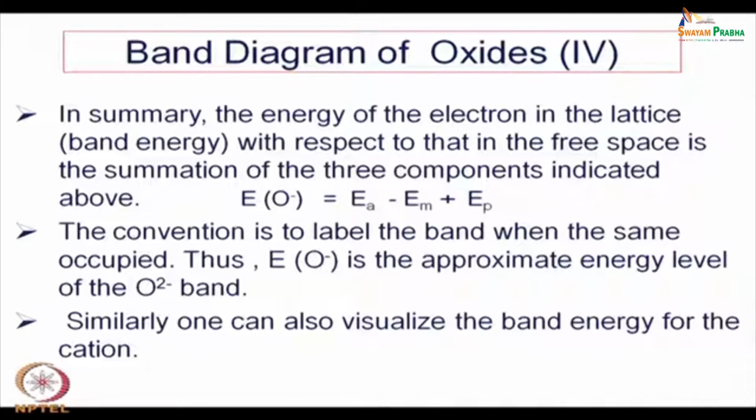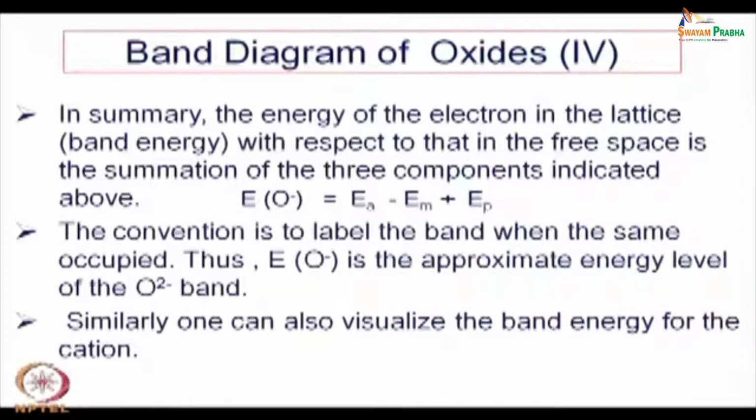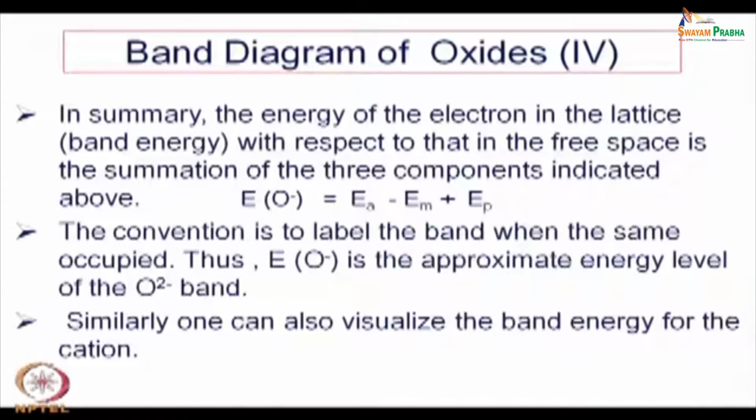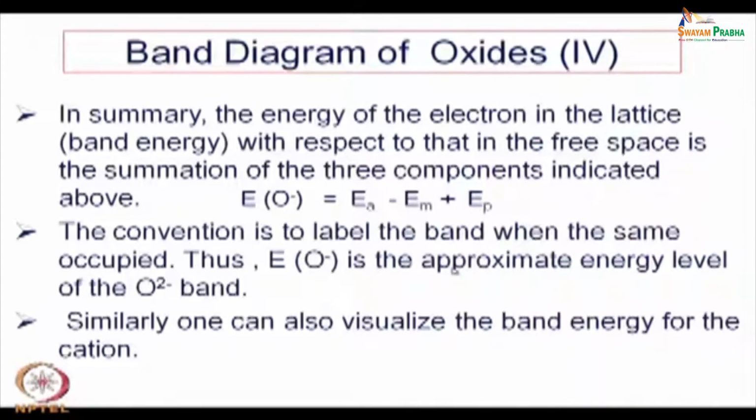That means an O minus ion is changing over to O2 minus by accepting one electron from the outside. Whatever change is there, that is the energy level of the O2 minus band. Similarly, one can also visualize the band energy of the cation.